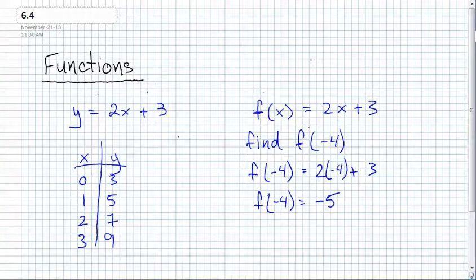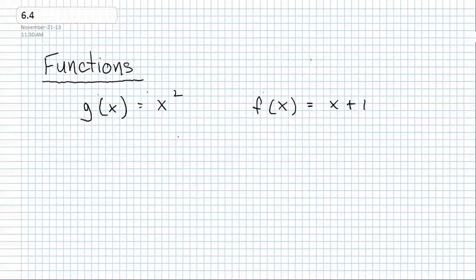Let's look at some more examples here. Here we have two different functions, and because I have two of them, I'm going to give them different names. One is g, so g of x. The other one is f, so f of x. They're just two different functions, and I can make up a table of values if I want, just like I did before, or I can just look up specific values. It doesn't really matter. So if you're asked to find g of 5, why don't you go ahead and see if you can figure that out really quickly.